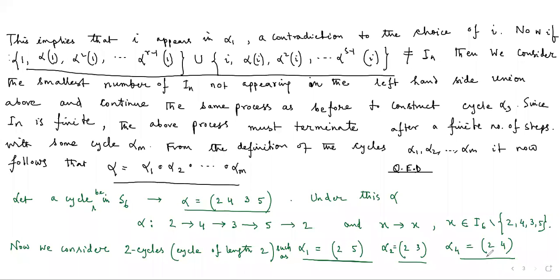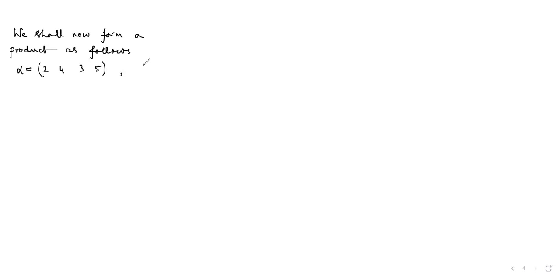Now, we shall form a product as follows. What was my alpha? My alpha was (2 4 3 5). My alpha 1 was (2 5). My alpha 2 was (2 3).